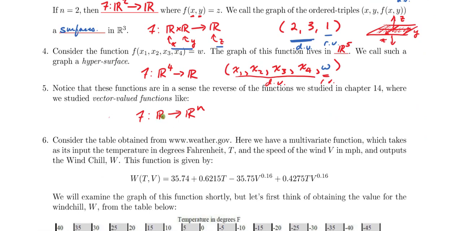What we had been studying was where the domain space was a real parameter, like t. We usually use t as a parameter. And the output was either considered a point or a vector in Rn, and in chapter 14 we considered it as a vector as opposed to a point. So our domain value was t, and that outputted something like x1, x2, x3. It outputted a vector. Very different from what we're looking at here.